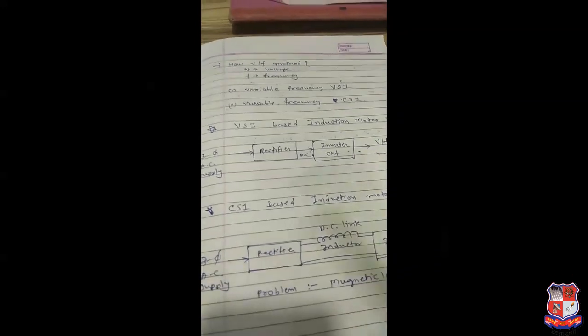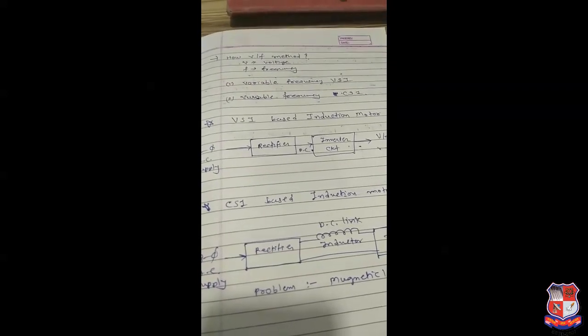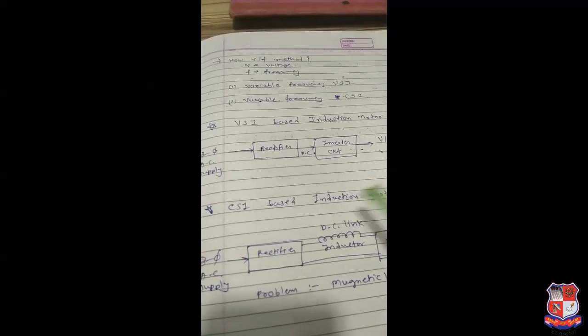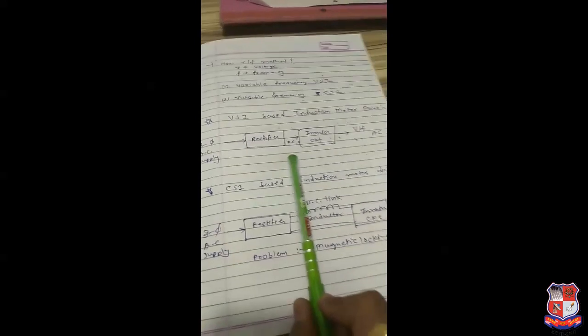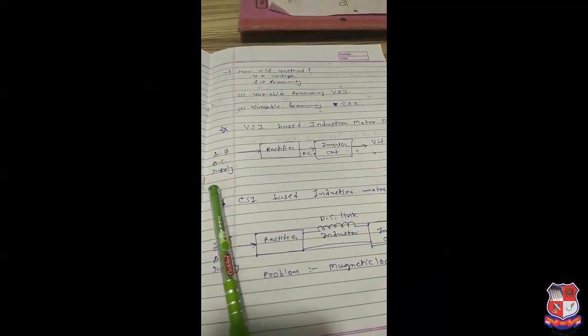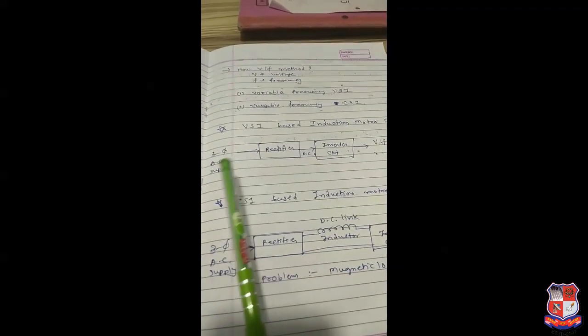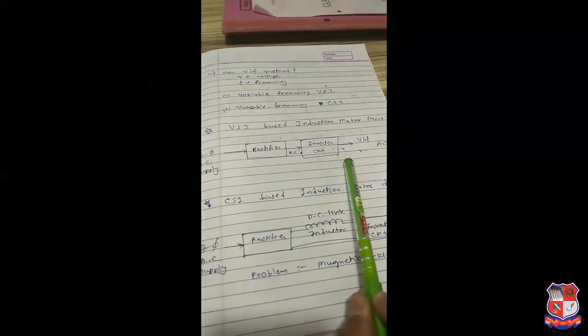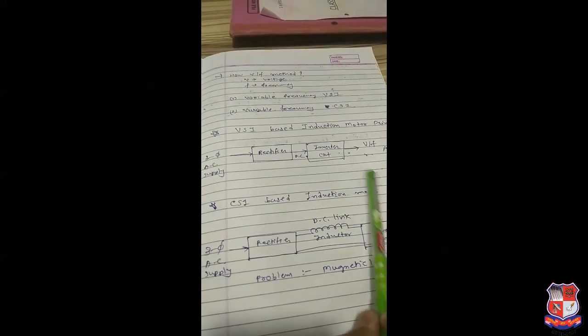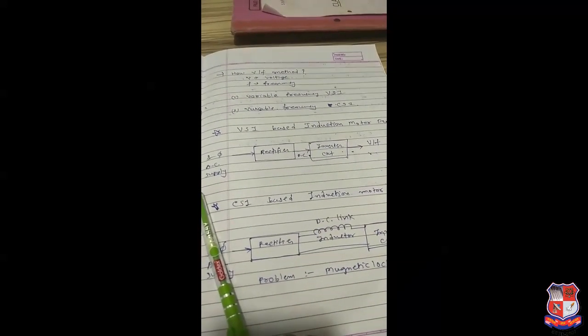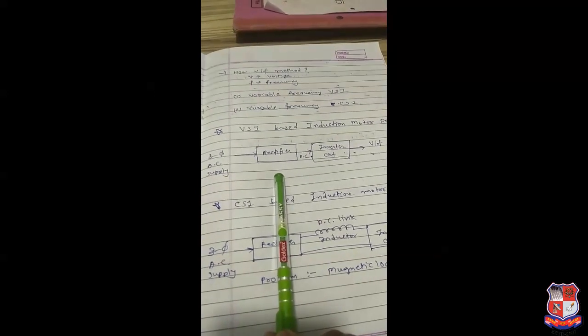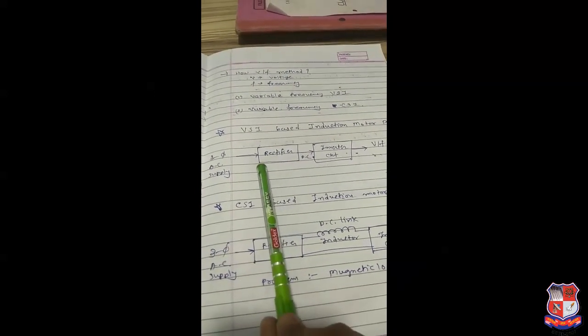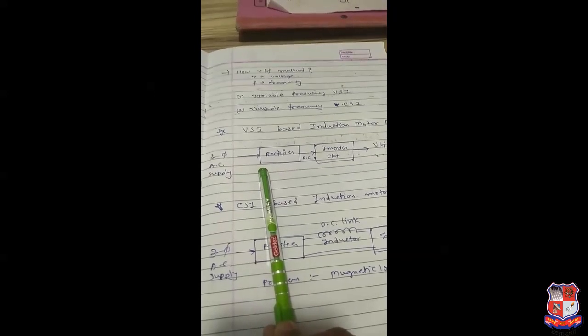For the speed control, we use a basic block diagram. We have the three-phase AC supply, and we have to maintain the V by F ratio. First, the AC supply is converted into DC by the rectification process.